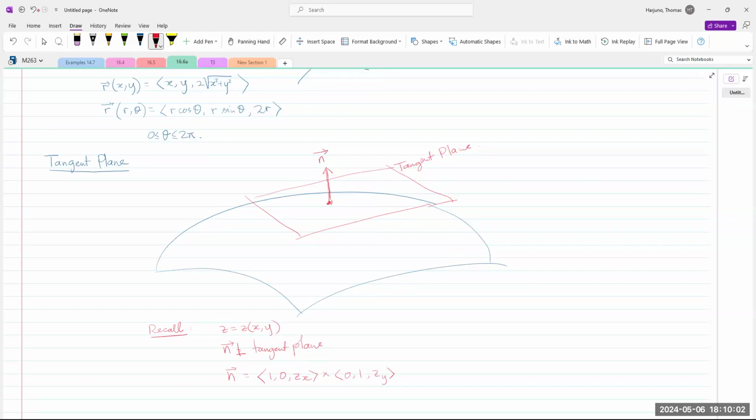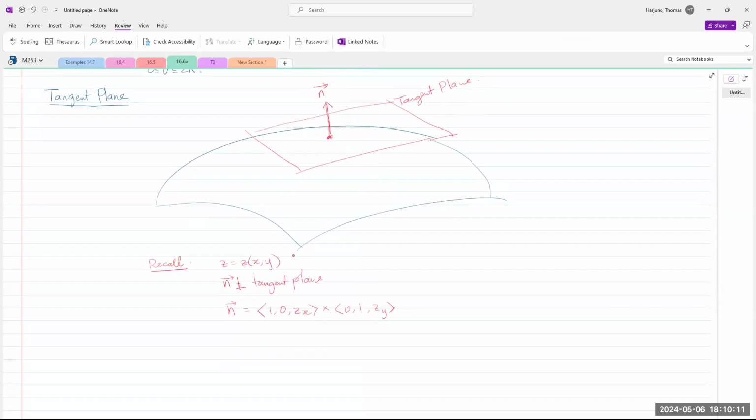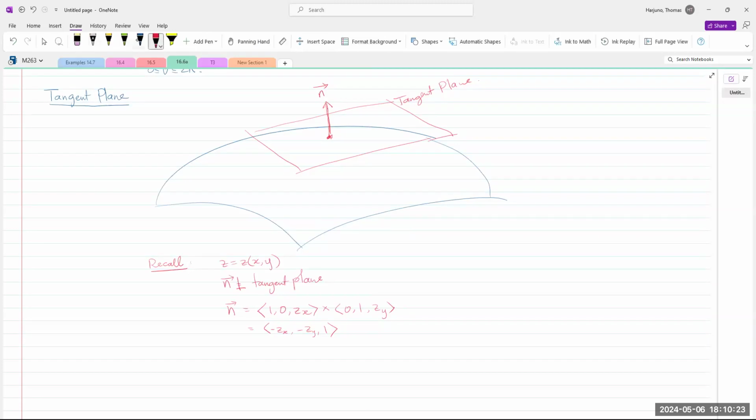Now you will see a more general situation than this. The cross product will give us negative z sub x, negative z sub y, 1. Now, our surface is parameterized using u and v, r of u, v, with x as a function of u and v, y as a function of u and v, and z as a function of u and v.